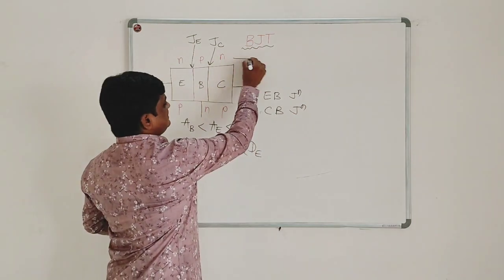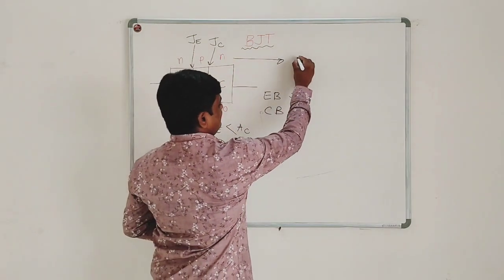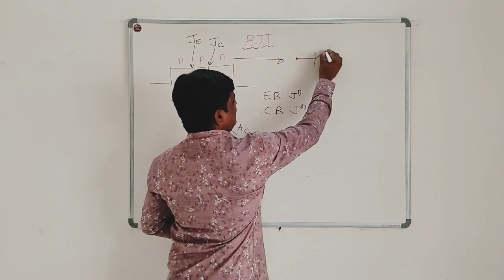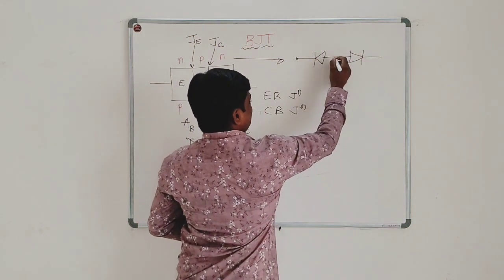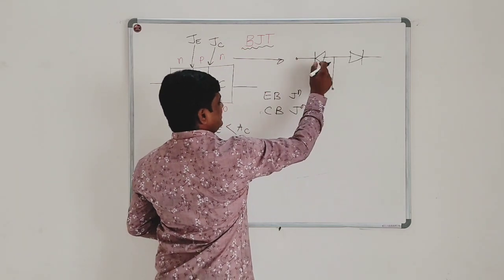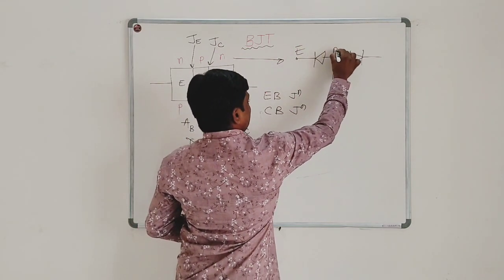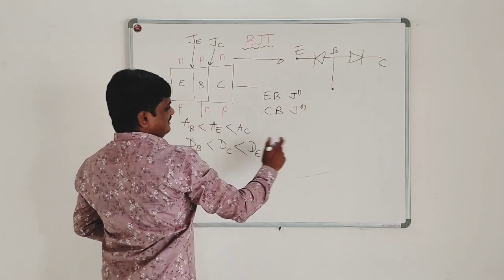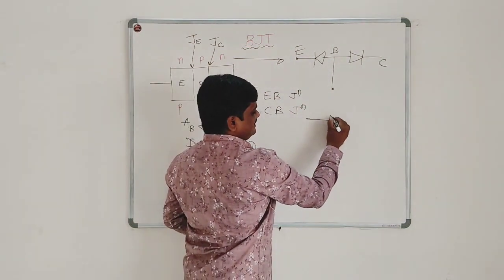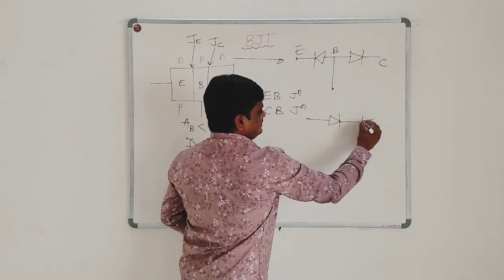So if I consider this NPN transistor, we get such an analogy that the first diode indicates the emitter base junction, while the second diode indicates the collector base junction. While in PNP transistor you will get such an analogy.